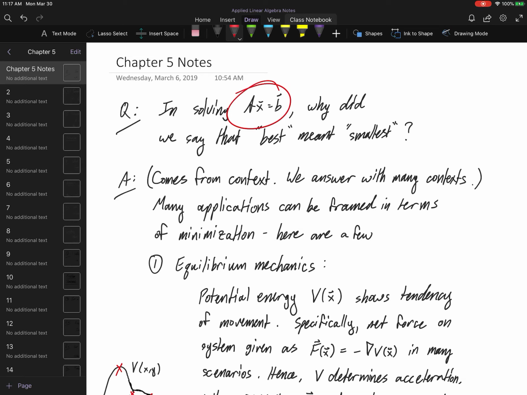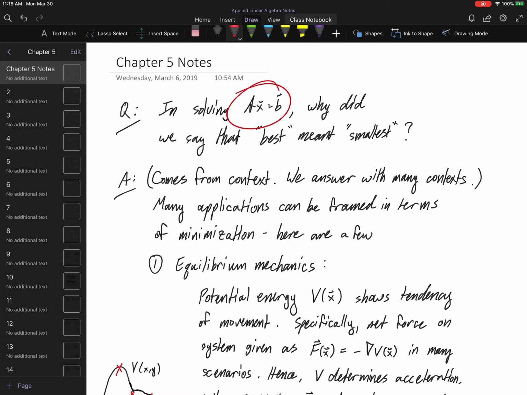Specifically, this is the case where the kernel of this matrix is non-trivial, and we have infinitely many solutions to the system, but we would like there to be, in an algorithmic or practical sense, exactly one solution to that equation, regardless of if there are infinitely many or not.